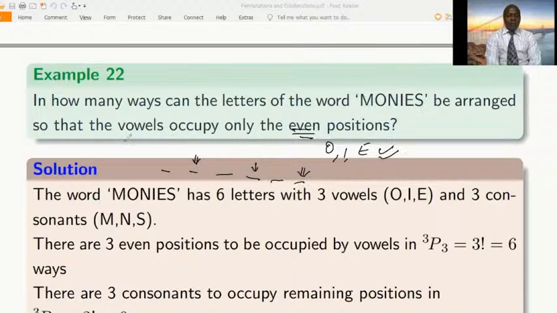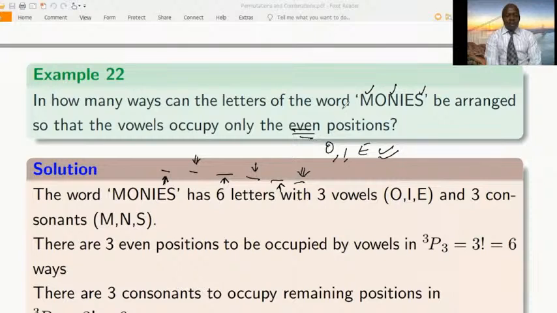The vowels are to occupy even positions. Now, the other positions will be occupied by the consonants. How many are they? 1, 2, and 3. So we have 3 consonants to occupy the odd positions, and these even positions are occupied by the vowels.